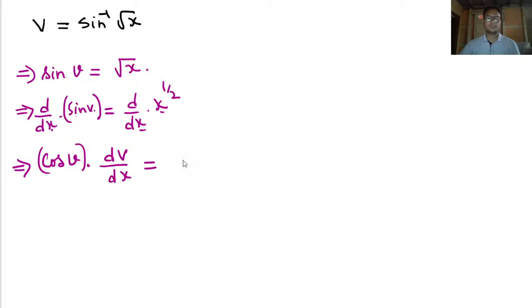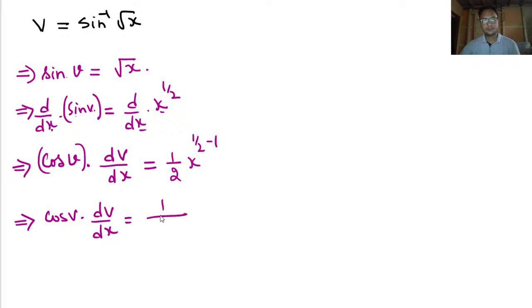For x to the power half, just apply the power rule, half minus 1. So this will be cos v dv by dx equals half under root of x.